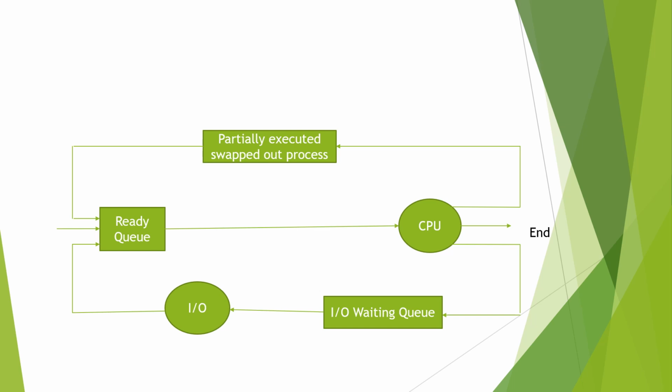Process P1 will therefore have to be swapped out of the CPU and taken to the I/O waiting queue, in case there are other processes that are using the device that process P1 is waiting for. So once the I/O operation has been performed on process P1, process P1 will be taken back to the ready queue for it to await the CPU.